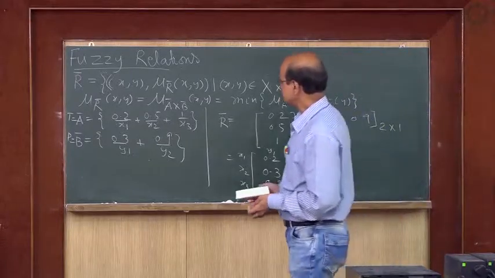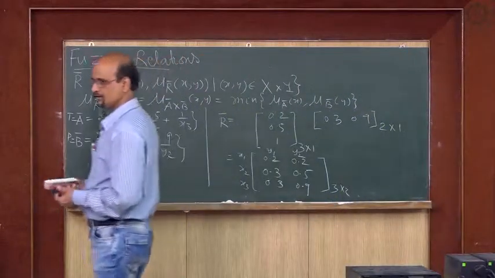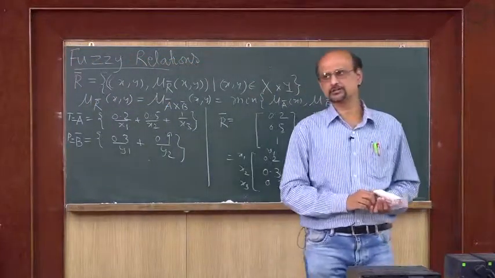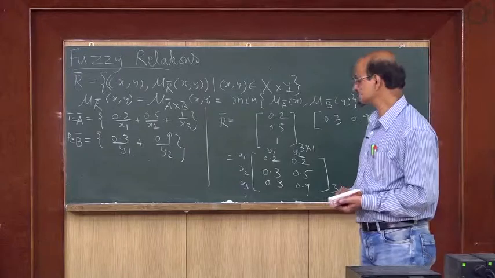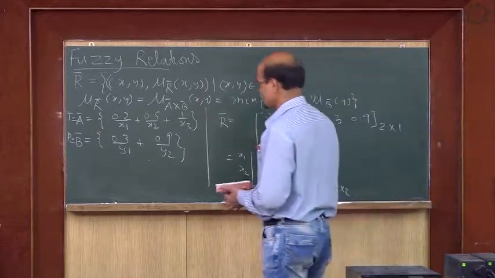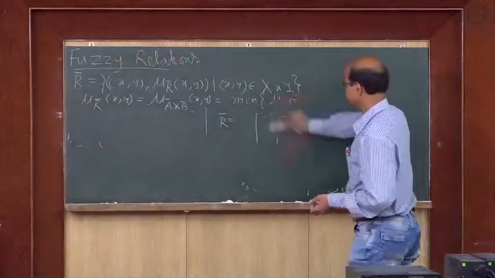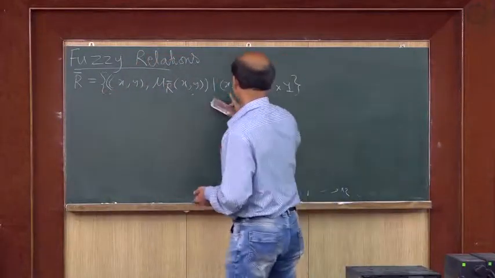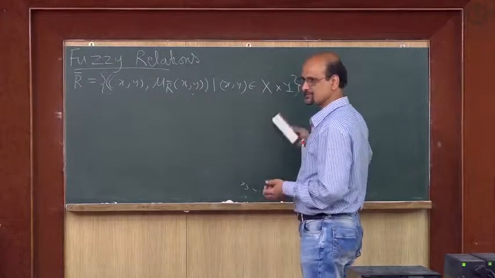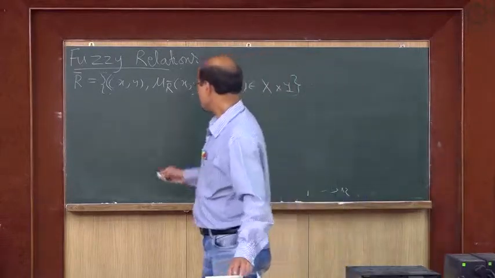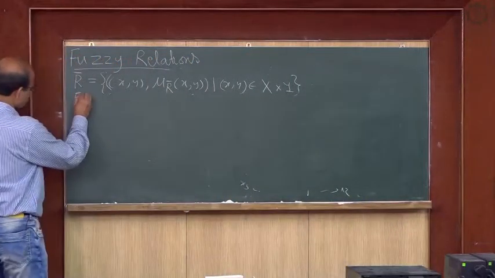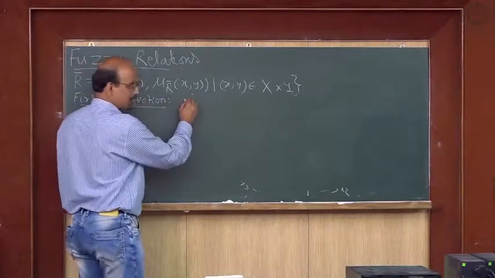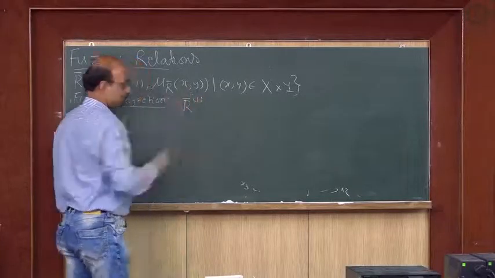Now, I will define three definitions: first projection, second projection and total projection. Remember, we had defined a relation from product space X to product space Y. Now we define the first projection, and we denote this by R bar 1.